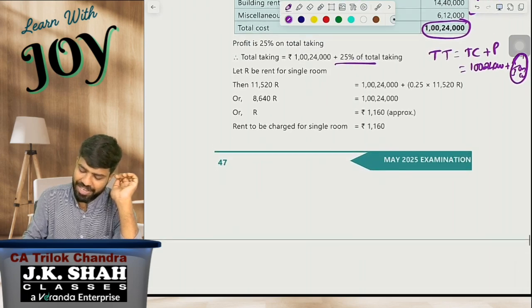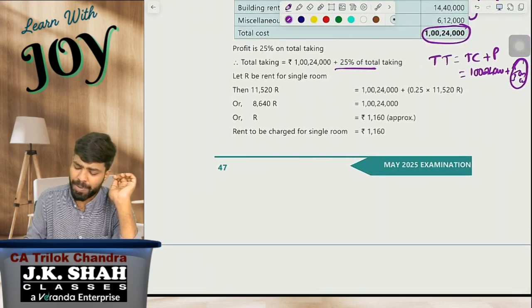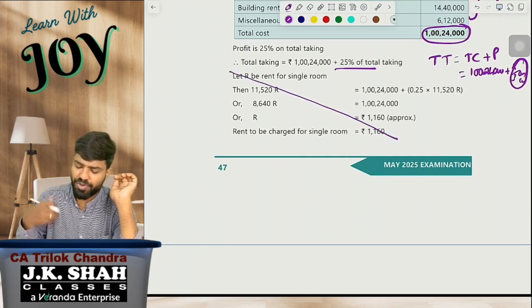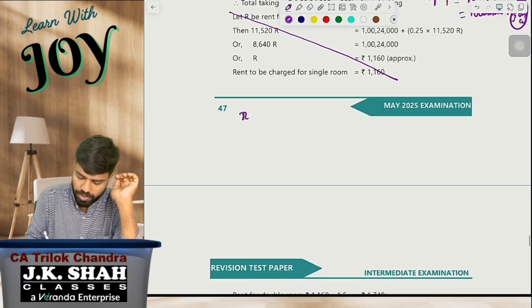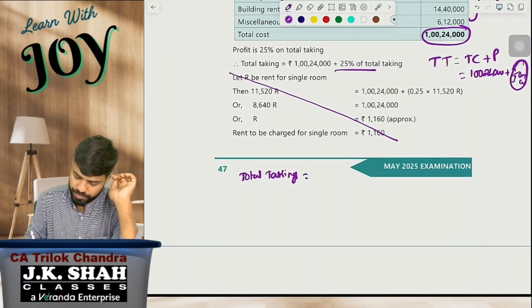Okay, actually, I'll tell you simple. Both are one and the same, but the only difference is here. Instead of doing like this, I'll do it in a different form. Total takings equal to 1 crore 24,000 plus 25% of total takings.